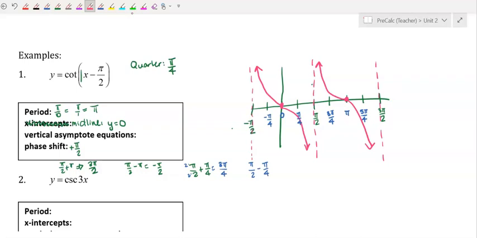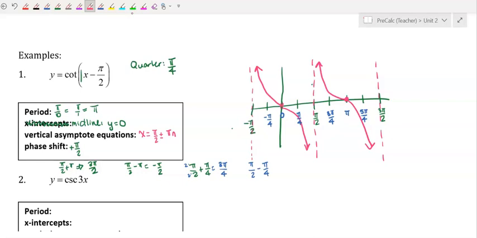Now I can write the equations for my vertical asymptotes as well. It's going to be x equals, and then we're going to start with our first positive asymptote. In this case, that's pi over 2. I'm going to plus or minus whatever the length of my period is. And in this case, that's pi n.